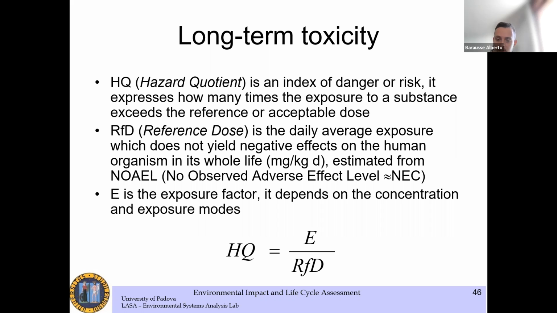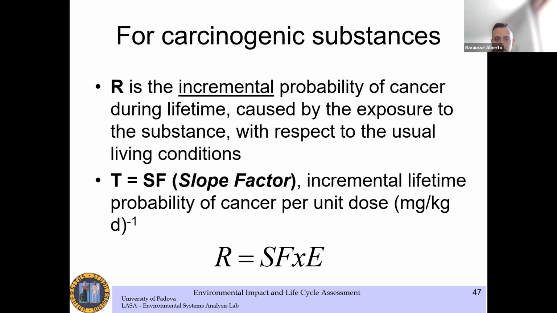So of course the reference dose is also linked to the weight of the person, so to the characterization of your target.